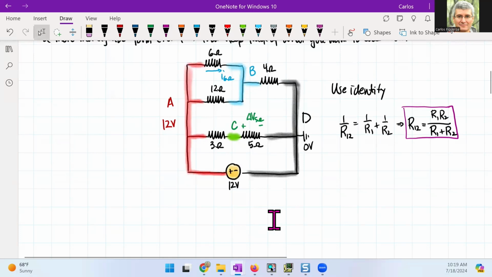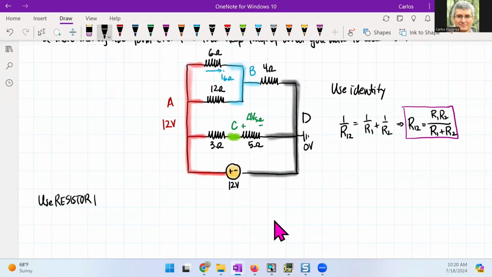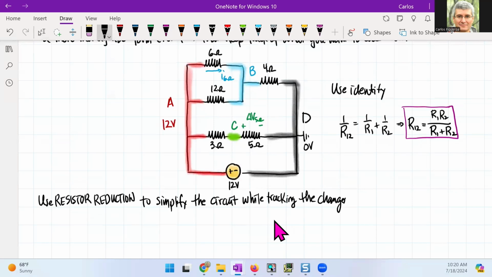So I'm looking at the circuit here, and now I'm going to use resistor reduction to simplify the circuit while tracking the changes for the 6 ohm and 5 ohm resistors.